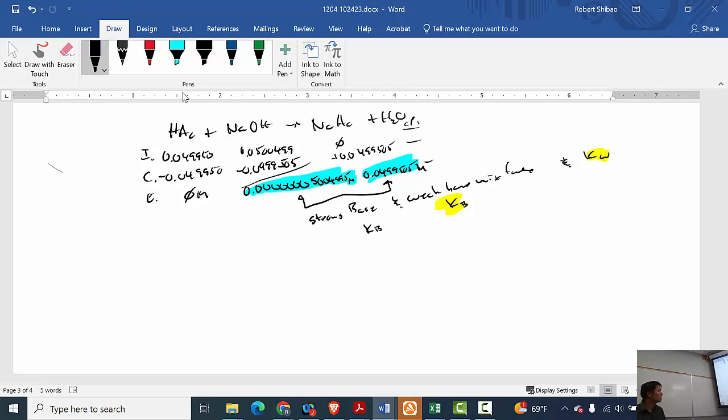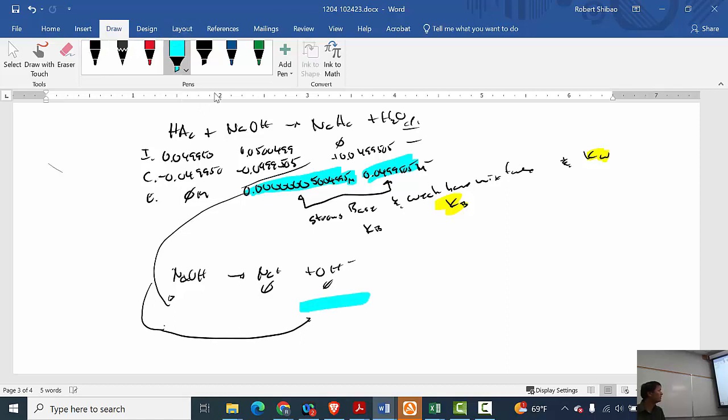Now sodium hydroxide is a soluble salt, so it's going to produce the same amount of hydroxide. Sodium ions and hydroxide ions. If I start off with this molarity here, and I have 0 and 0, I'm going to end up with this molarity of hydroxide here.